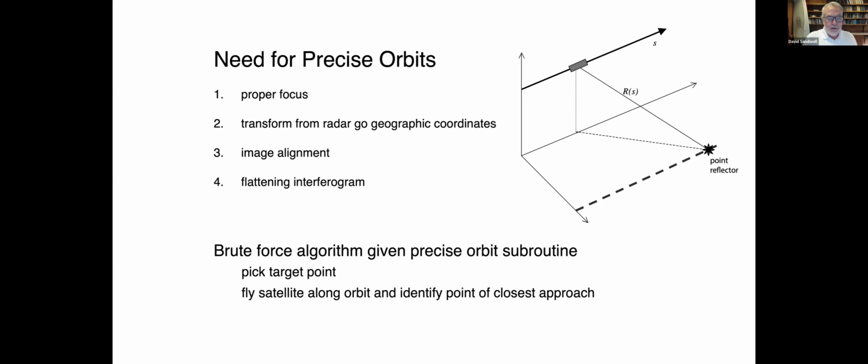We need good orbits. And then finally, when we make an interferogram, if there's an error in the orbit, it will appear as an error in the interferogram, just a direct one-to-one mapping. So it's good to have very precise orbits for these 4 reasons. And we'll talk a little bit about how we do this mapping from geographic to radar coordinates, but it's basically just a computer algorithm.